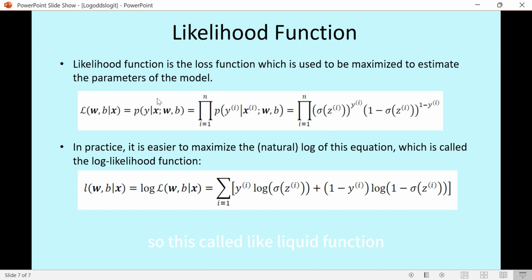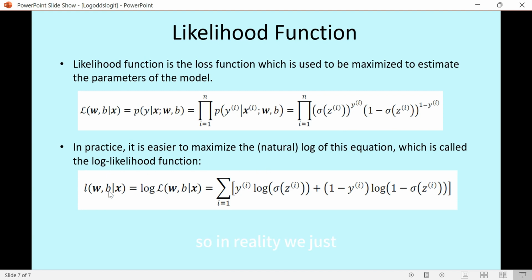So this is called the likelihood function, and it can be maximized to estimate the parameters. But this function is quite complicated because it is the multiplication of all the probabilities, and this probability is a nonlinear function we have seen before.